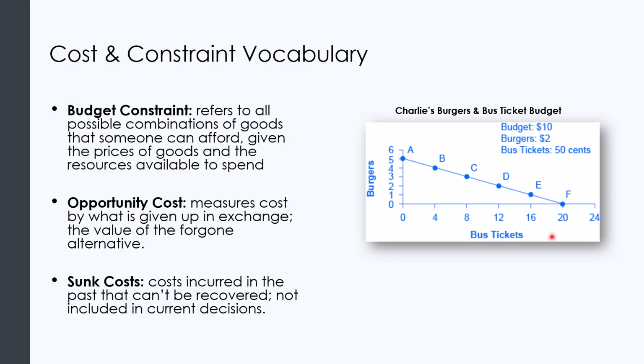So as we process an economic decision, we look at the constraint, we look at our options. When we make a choice, we consider what is being given up, and we examine that opportunity cost, but we exclude from our consideration past sunk costs that cannot be recovered.